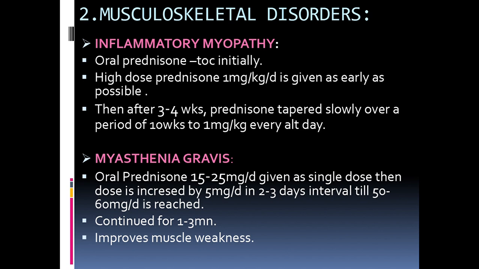In myasthenia gravis, oral prednisone 15 to 25 mg per day given as single dose, then dose is increased by 5 mg per day in 2 to 3 days interval till 50 to 60 mg per day is reached, and continued for 1 to 3 months, and it can improve the muscle weakness.